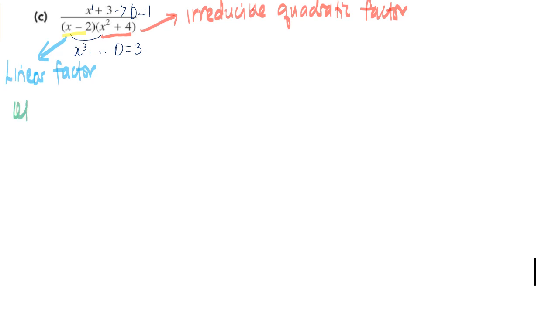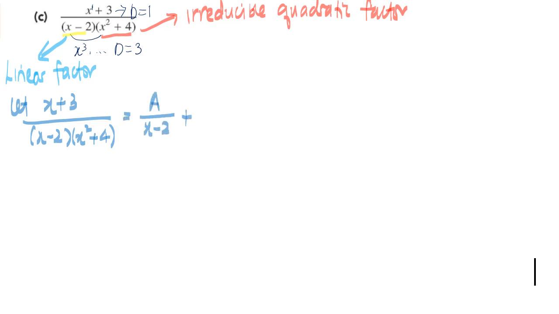So we're going to let, for the linear factor, it will be a over x minus 2.